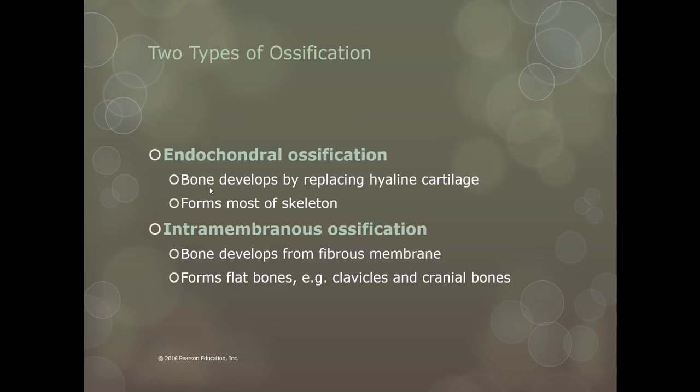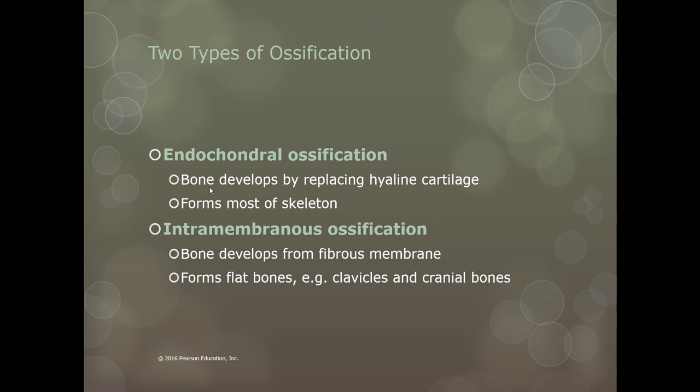There are two types of ossification that take place in utero, what we call endochondral ossification and intramembranous ossification. Let's break these two words down a little bit. Endochondral: endo, within, inside; chondro, cartilage. So within cartilage. These bones, which is most of the skeleton, actually start off as hyaline cartilage models.